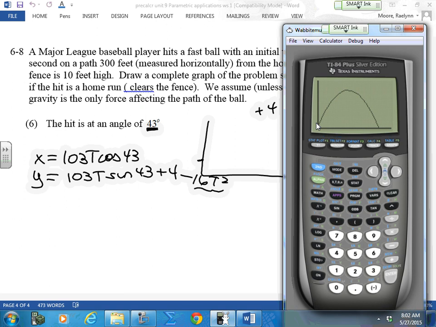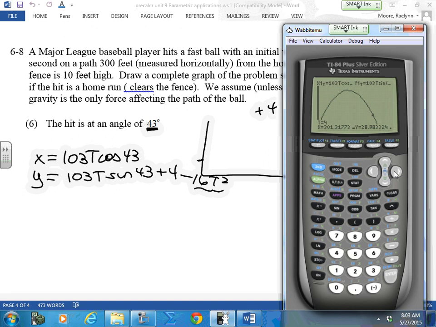So we're going to trace until we find an X of 300. And we want to make sure we didn't hit the ground yet. So look, here's his ball. Still in the air. See it in the air? It's still going. He makes the yards horizontally. Does he clear the fence? How did you know that? Because the Y would be 10, and now our Y is what? 28.